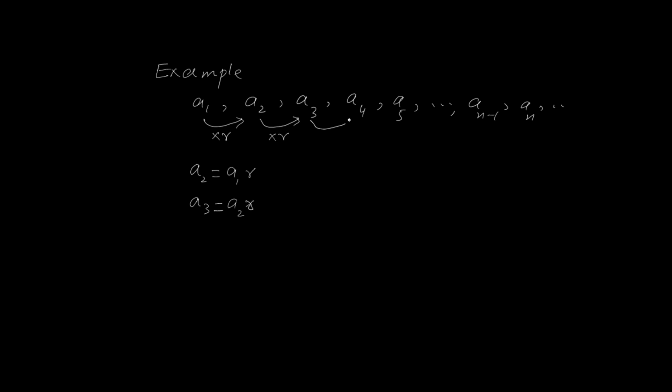And a4 is obtained by multiplying a3 with r. a5 is obtained by multiplying a4 with r.